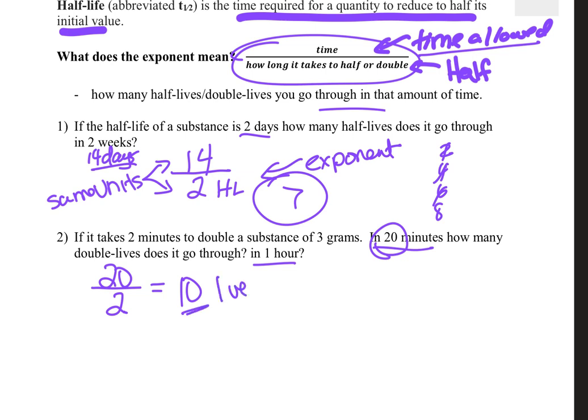It doubled 10 times. And then say in an hour. Remember, it still has to be the same units. So 1 hour is 60 minutes, over 2, so this goes through 30 double lives, or it doubles 30 times.